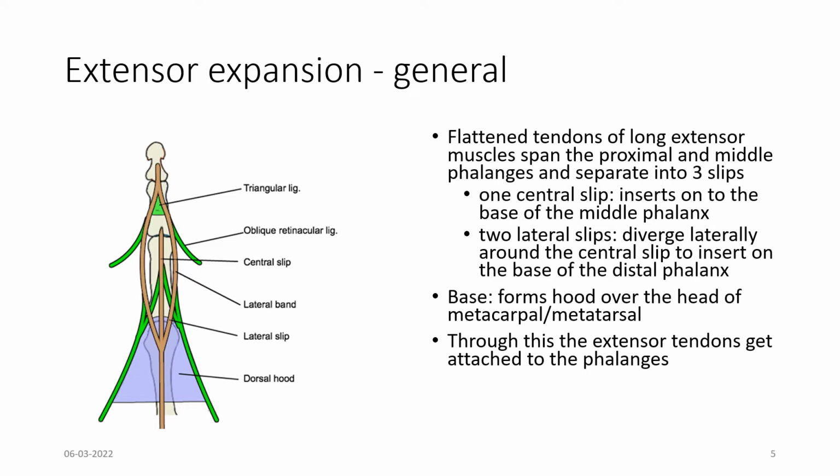They get separated and diverted on each side, and they go along the central slip to get inserted into the base of the distal phalanx. So the base of it will form a hood over the head of the metacarpal or metatarsal bones, and through these extensor tendons they get attached to the phalanges, and then what is joined to them is the interossei and the lumbricals, which we will see in the next slide.